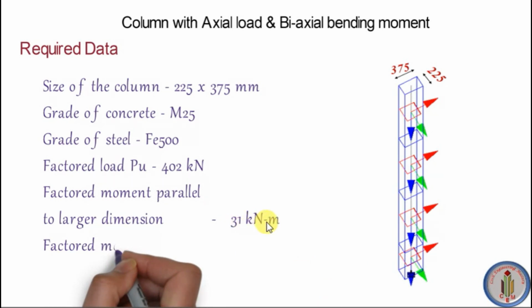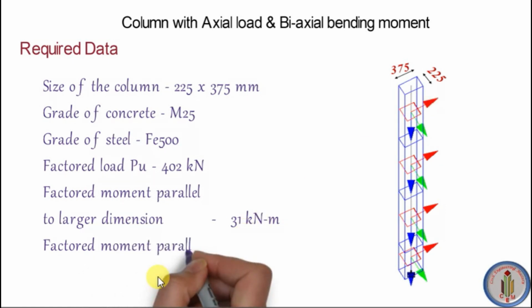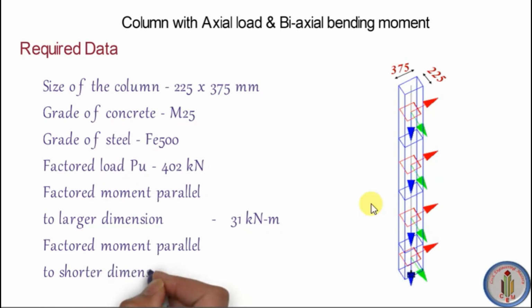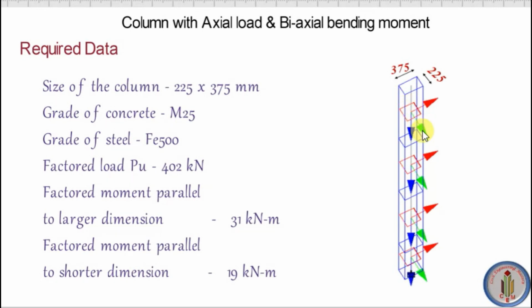This we took from the StaadPro software. Here the larger dimension is 375, and the moment parallel to it is 31 kilonewton meter. The factored moment parallel to the shorter dimension, the green color, is 19 kilonewton meter. These are all the required data to design the column with axial load and biaxial bending moment. Let's continue the calculation in the next part.